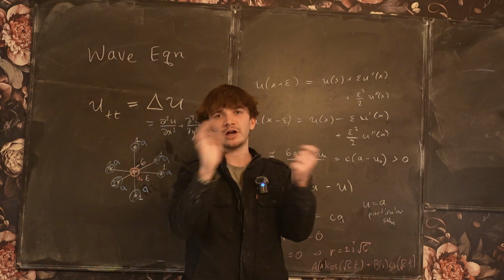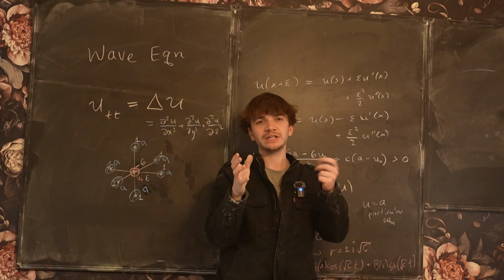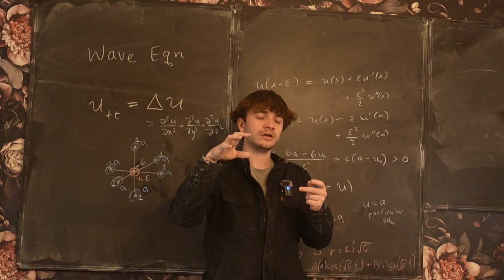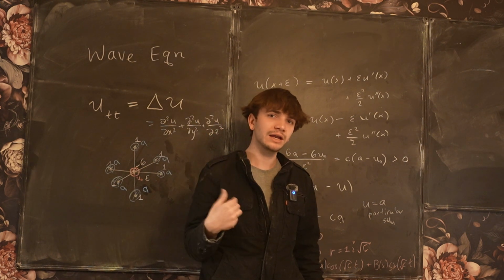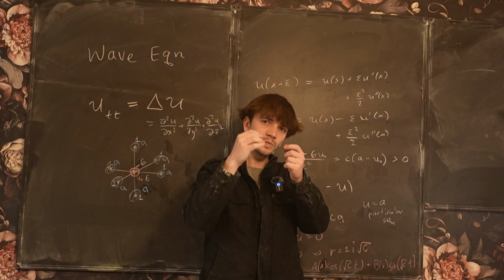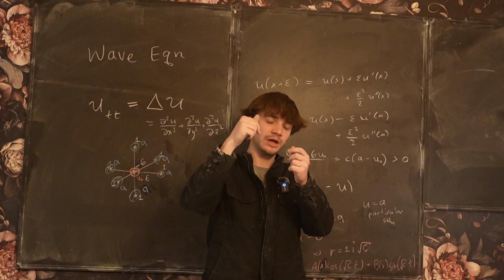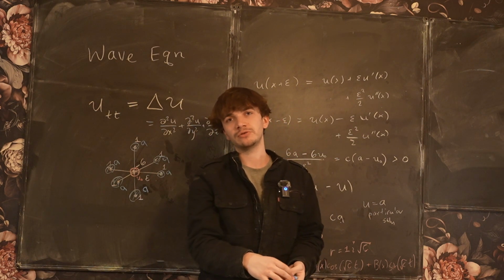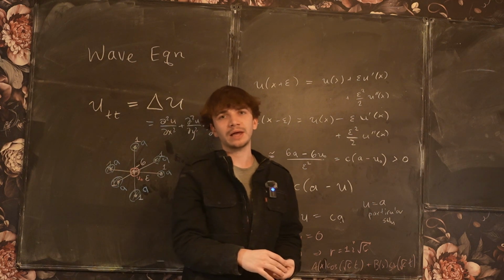And similarly, if the value of the function is greater on this sphere than the value of the function at the center, then the second derivative will be negative and will push the value of the function down. The force will be negative, I should say. The force will be negative and push the value of the function back towards equilibrium. So it's a restorative elastic force.